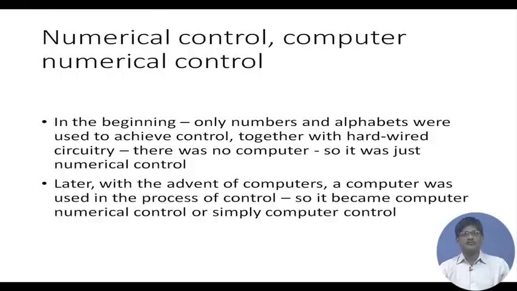Inside they primarily consisted of hardwired logic circuitry, and after the advent of computers, data entry became easier through the computer. Wired circuitry, logic circuits, etc., sometimes were replaced by software, and inside the control loops, the computer also participated in order to improve the control characteristics. So, it became known as computer numerical control or simply computer control.